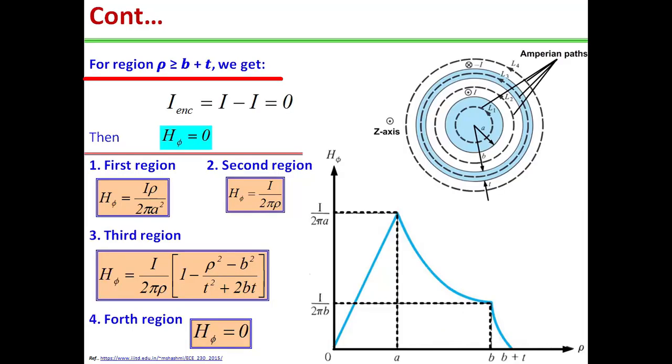Now for the path L4, that is rho greater than or equal to b plus t.